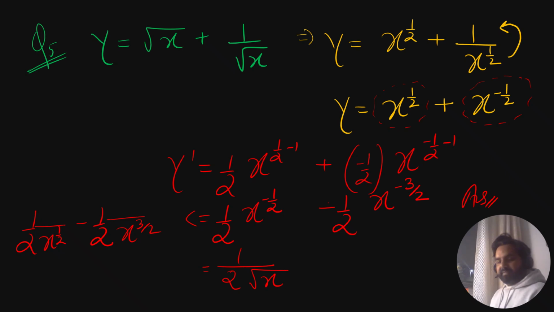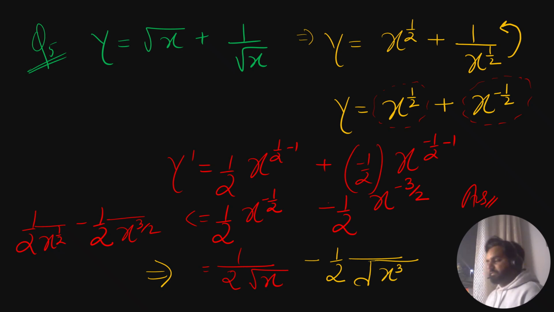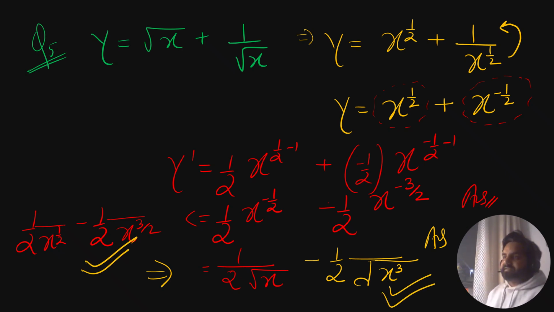So I'm reporting the final answer here, minus half x power 3. You can write either in this way or in this way, but if the question is starting with the surd, try to report the answer also in surd form. So hope you understand how we are simplifying any expression before trying to differentiate that.